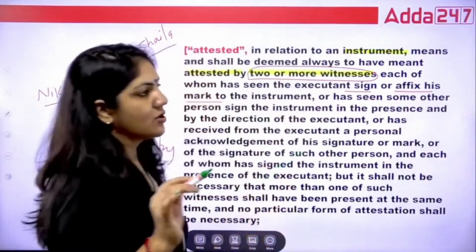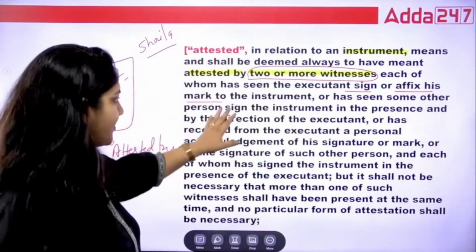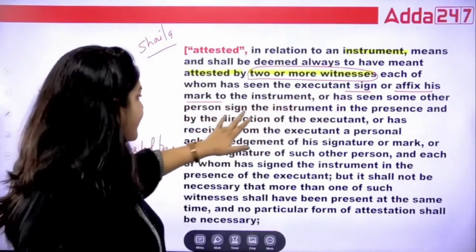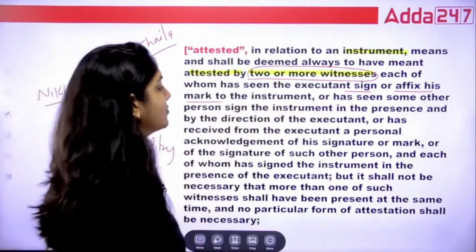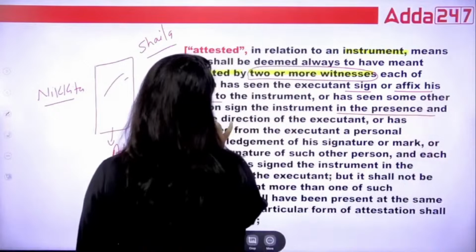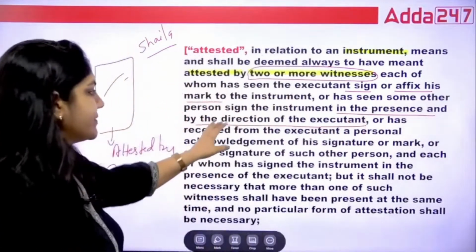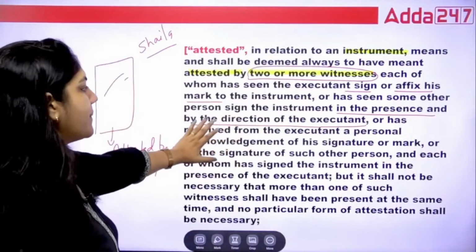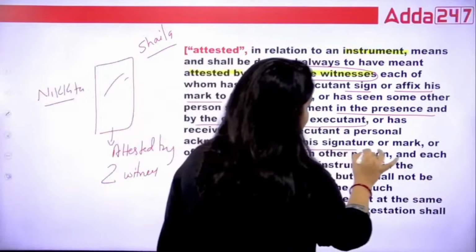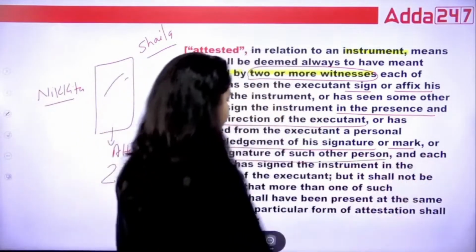Suppose that person is not able to sign, he can just put a thumb impression on the paper, or some other person signs the instrument in the presence and by direction of the executant. They have to sign in the presence and direction of the executant, or has received from the executant a personal acknowledgement of his signature or mark, or of the signature of such other person.